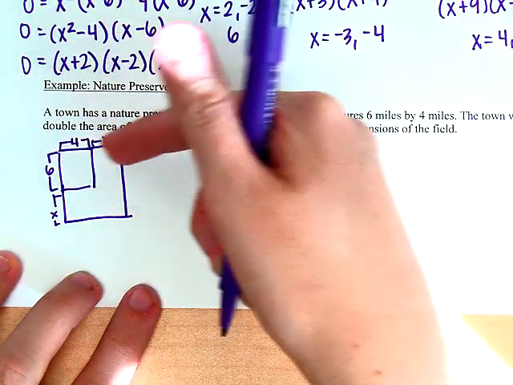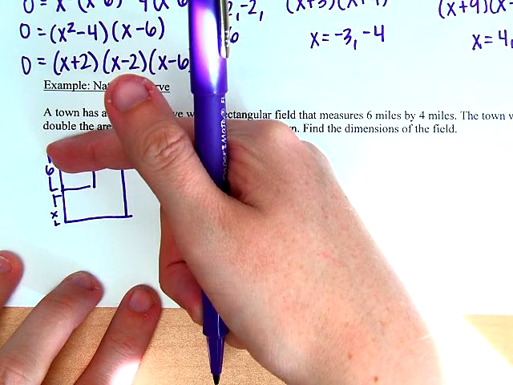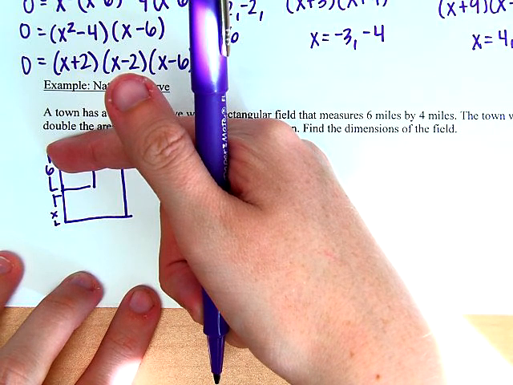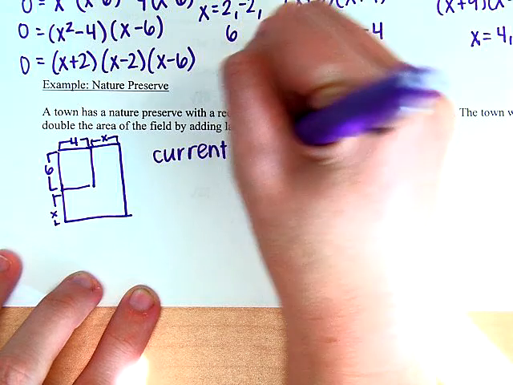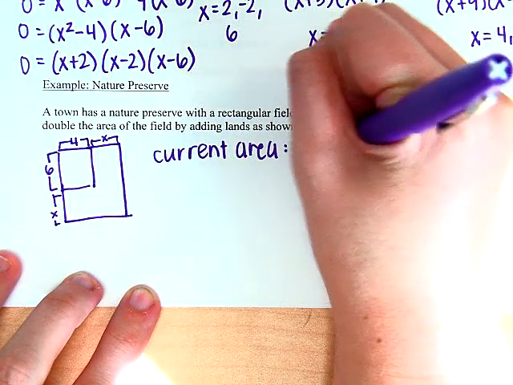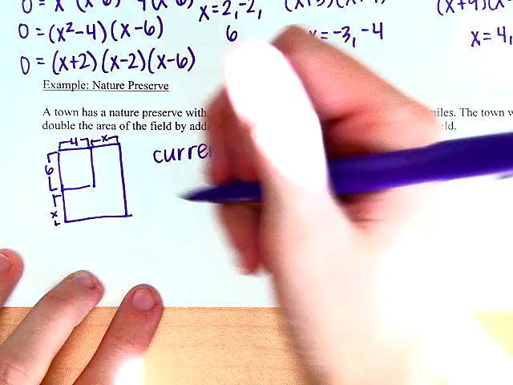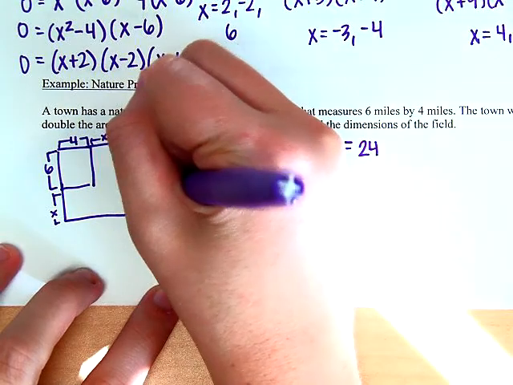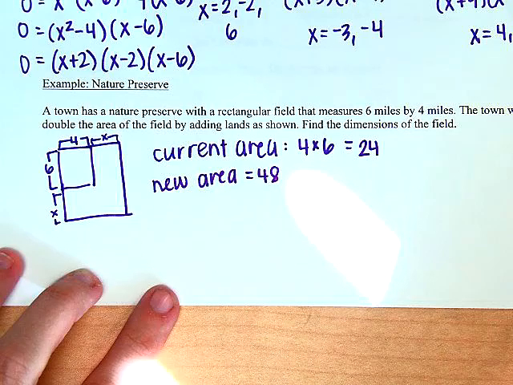So this side times this side gives me the area. So my current area is the 4 by 6, which gives me 24. So my new area I want it to be is going to be 48.